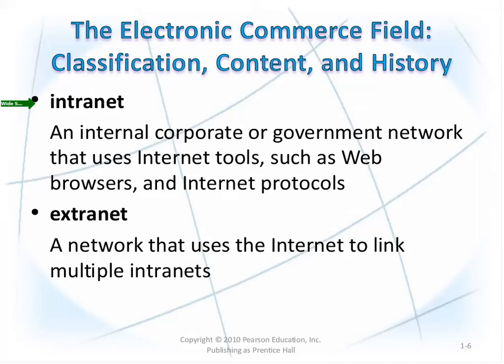An intranet is a network within our organization, but an extranet is when we connect to external parties like our partners, customers, and suppliers. Here also, intranet or intra-organizational activity means the processes done within our organization. But an extranet is a network that uses the internet to link multiple intranets.